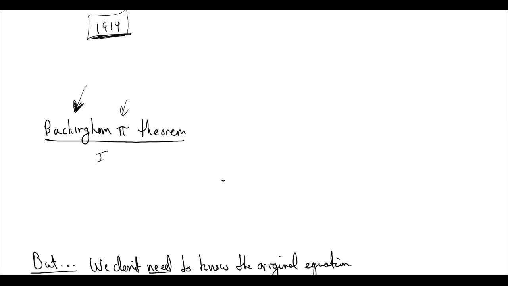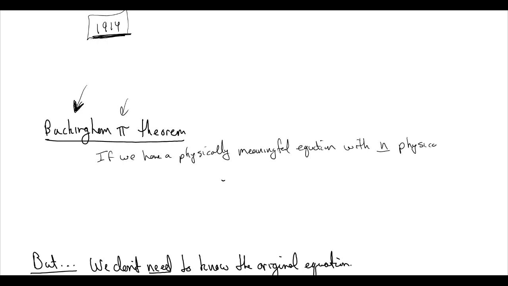It says that if we have a physically meaningful equation with n physical variables, then we can rewrite that equation as P, which is equal to n minus k, and we'll get to what k is, as P dimensionless parameters.